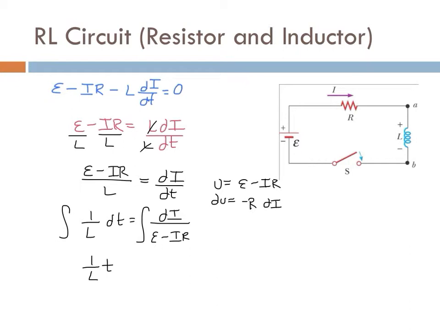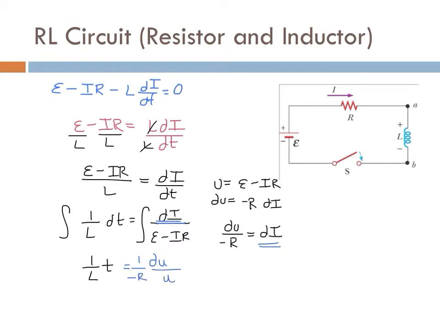And then we want to get di by itself, so that's du divided by negative R. So wherever I see a di, I'm going to replace it with du over negative R. So that becomes du times 1 over R.